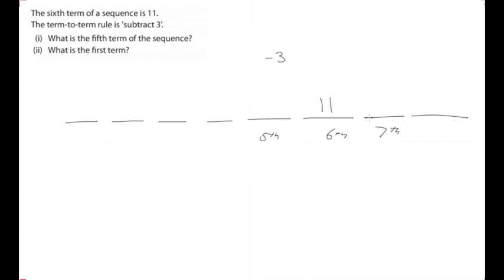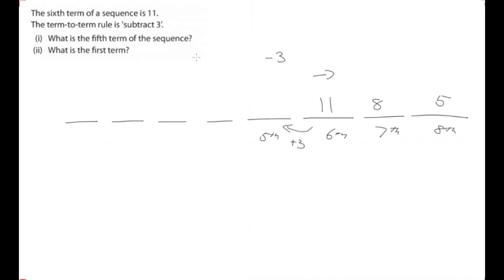All right, so the 7th would be 8, and then the 8th would be 5. So that's if we're going this way along the sequence, okay? But they're asking us to work our way backwards. So if we're going backwards, we need to do the opposite, okay? We need to add 3.